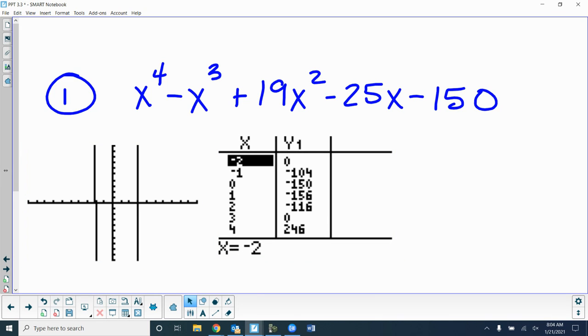Okay, so -2, +3. Now, if it bounced off of both, that would be 2 and 2, there would be my 4. But since they went straight through, they only work one time. So to figure out the other two, I have to do synthetic division with -2 and 3, and I will reduce this polynomial.